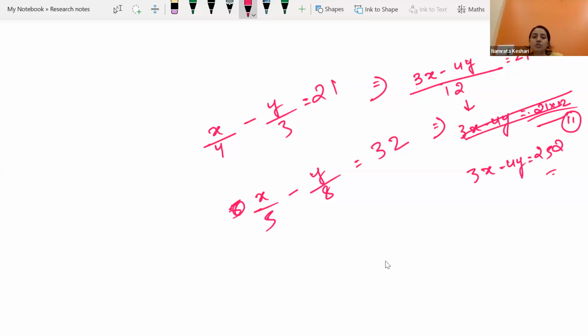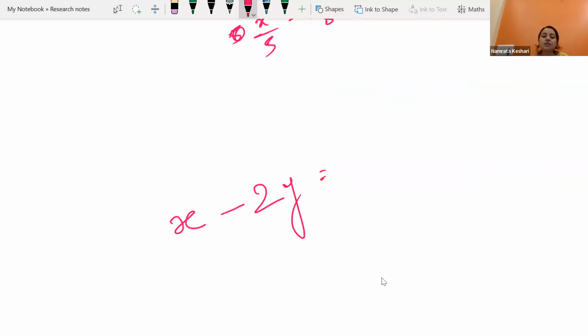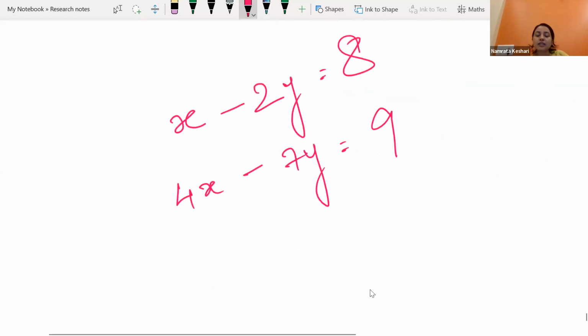Okay, and the other one also, just do customization like this and then start thinking which coefficient you want to make the same, x or maybe y, and then make it the same. Sometimes it will be easier to make it the same. Sometimes you don't even have to find the LCM. When your example looks like this, x minus 2y is equal to 8 and 4x minus 7y is equal to 9, then you have to focus on one of the variables, and you must take the variable which is easier.